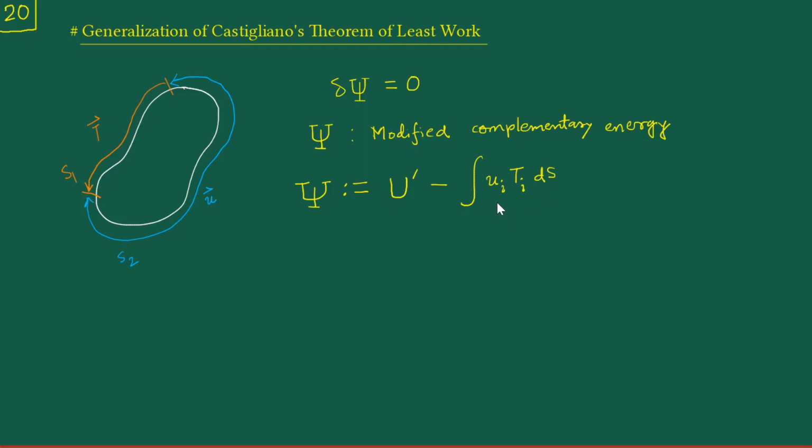So this is a surface integral, but very importantly, please note that this is the surface integral over just S2. It is not over the entire surface of the body, but it is over S2, and we'll see how it comes about.